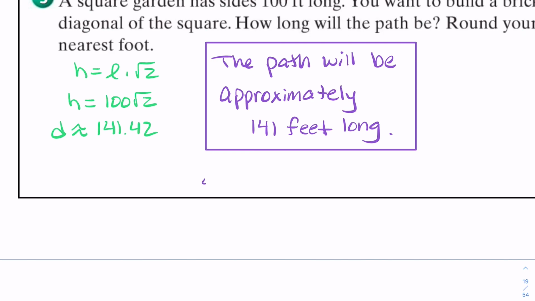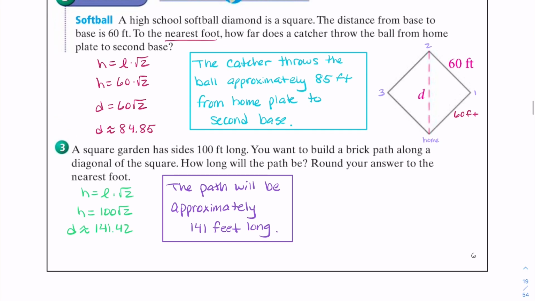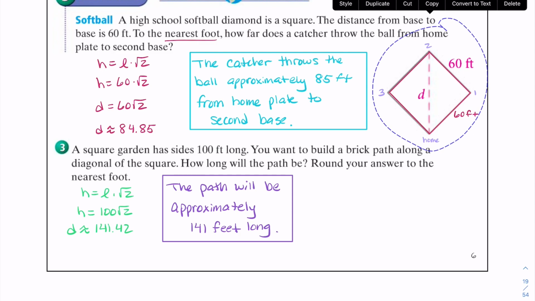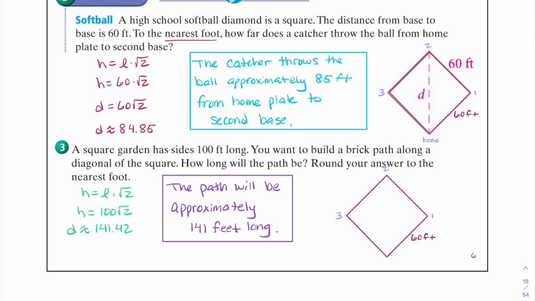Again, it doesn't make sense to give this in the simplest radical form because we're talking about a real world example. You're not going to say 100 square roots of 2 feet long. That was in feet. This one is also in feet.